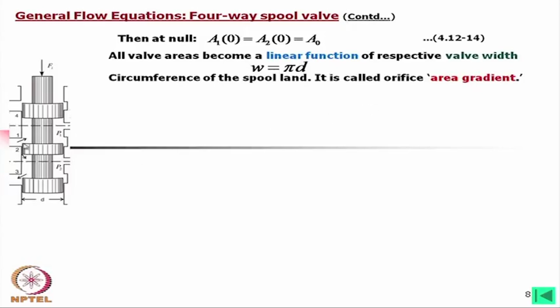This means that all these orifice areas can be calculated by xv times the periphery of this valve land, which means this opening port is always a rectangle, and that rectangle has length equal to pi d and width equal to xv, or xv minus the overlap portion, so to say.